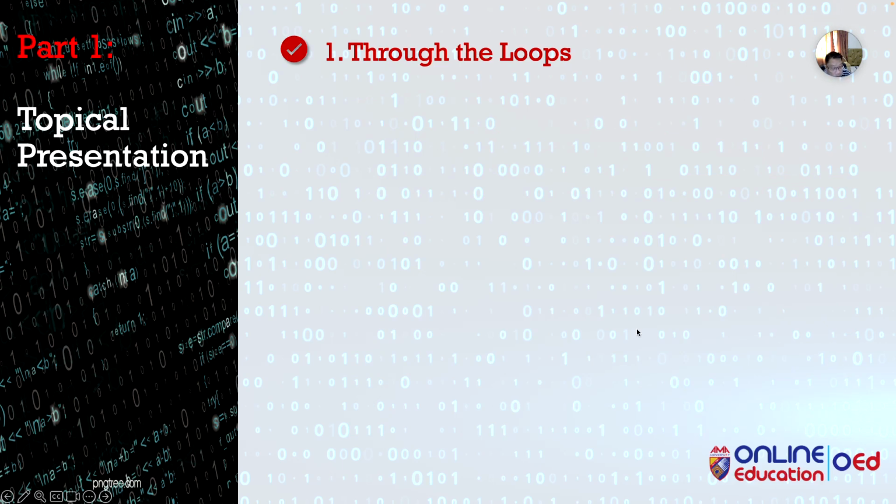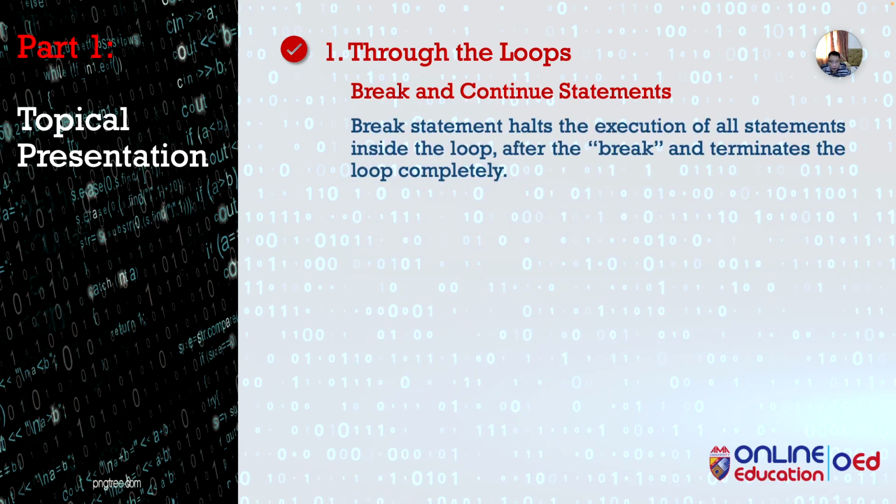There's a way to prematurely halt the execution of any loop, whether infinite or not. This is through the use of break and continue statements. The break statement halts the execution of all statements inside the loop after the break and terminates the loop completely.